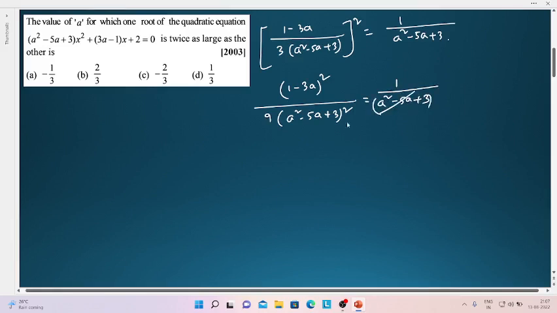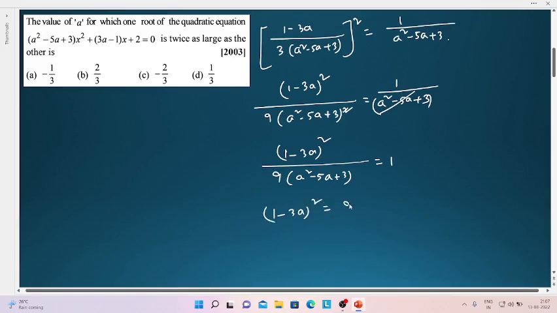If we cancel one part with that part, only one factor of a square minus 5a plus 3 will be there. So it will be (1 minus 3a) whole square upon 9 times (a square minus 5a plus 3), which equals 1, right? So (1 minus 3a) whole square will be equal to 9 times (a square minus 5a plus 3), right?